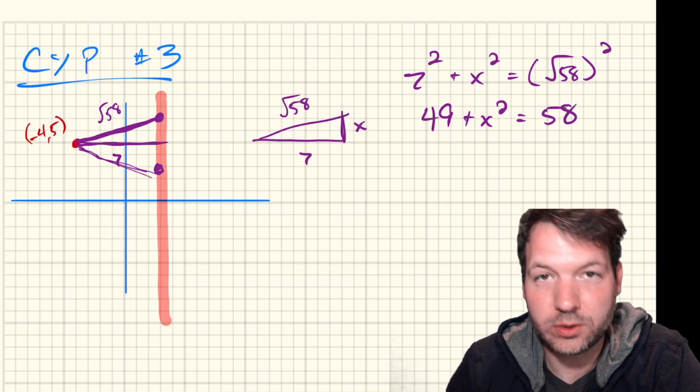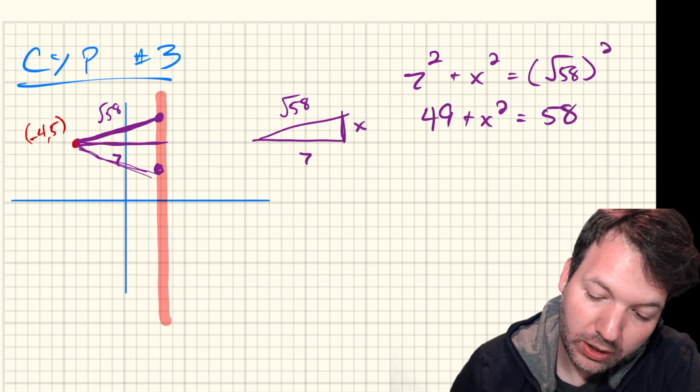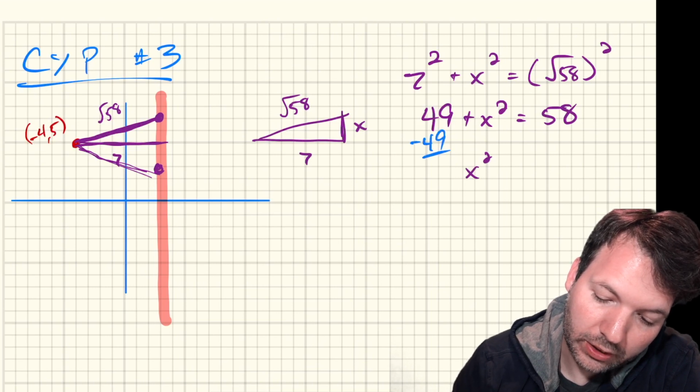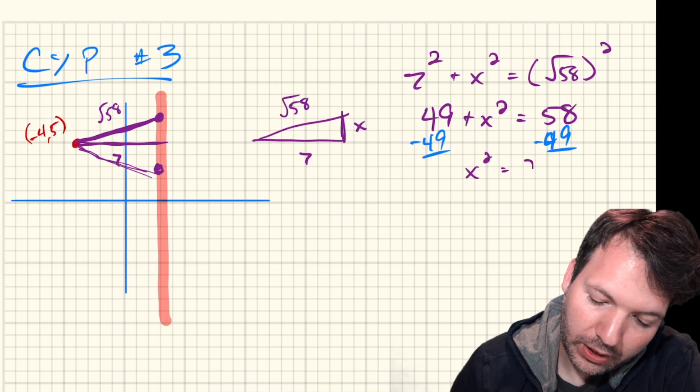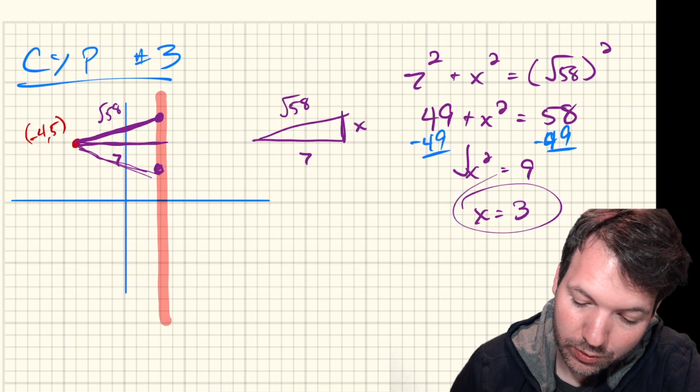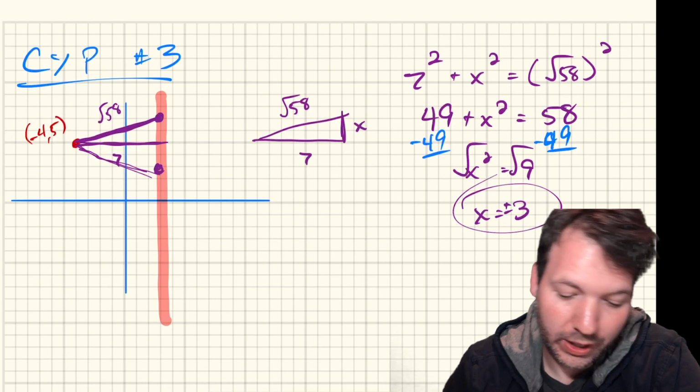The square root of 58 squared obviously is 58. So x squared on its own, if we subtract our 49, must be 9. x equals 3. But again, when we take the square root here, it's positive or negative 3.